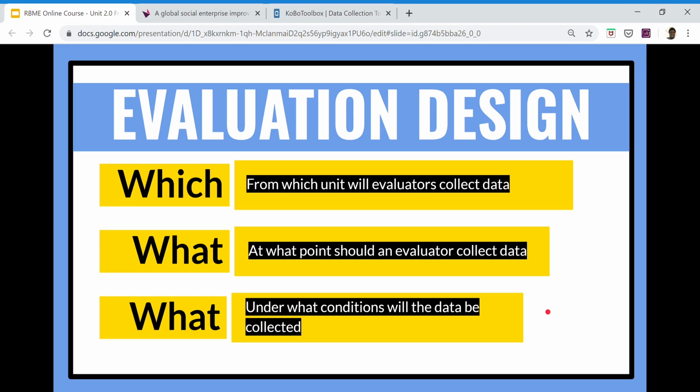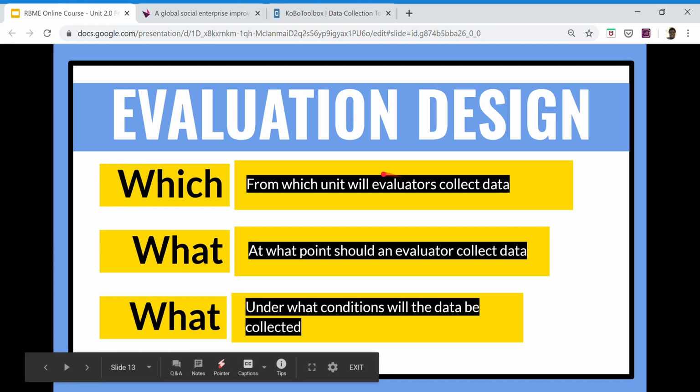You have the experimental design, which we say is the gold standard. Talking about the randomized control trials, the RCTs, which collect data.